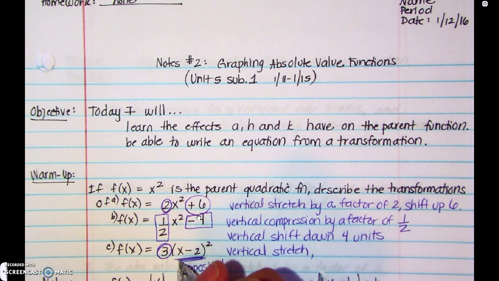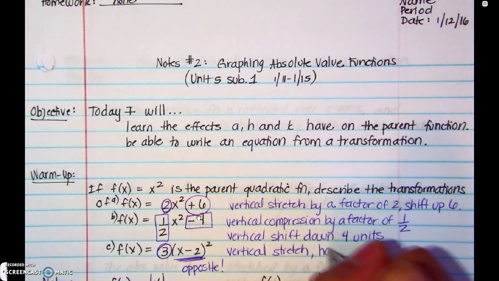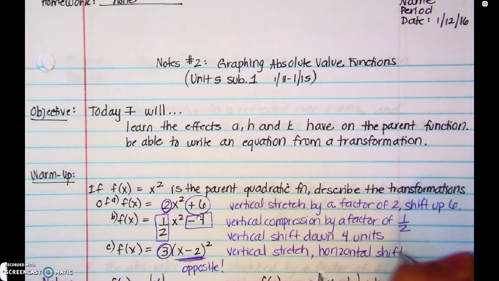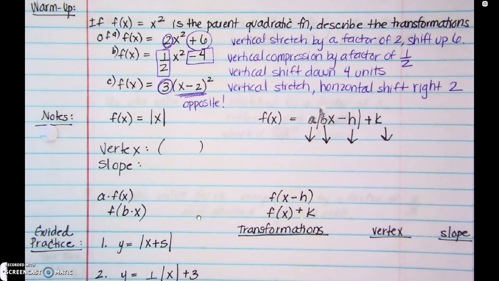So you would think x minus 2 would go to the left, but it's actually moving to the right. So this is a horizontal shift right 2 units. Okay, this is the part that mixes this up the most. So keep that in mind, okay?